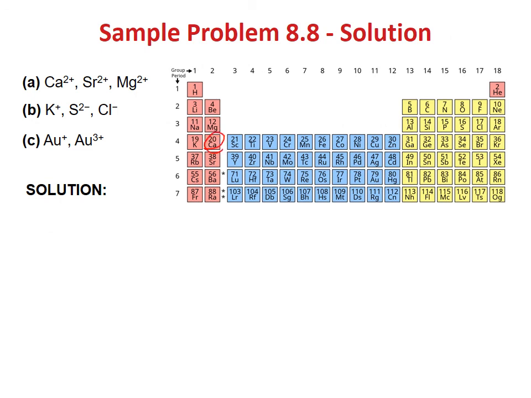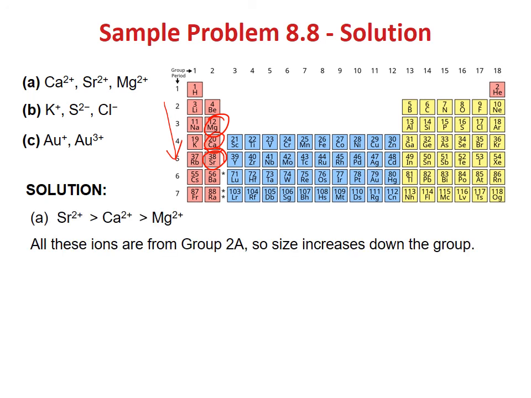Calcium is here, magnesium, strontium. These three cations are all in the same group, group 2. Therefore we know that down a group, the principal number increases, and the radius increases for both atomic size and ionic size. So strontium is the largest, and then calcium, and then magnesium.